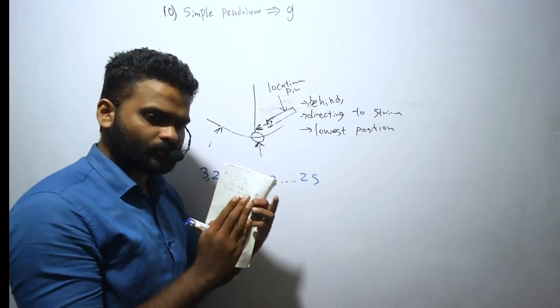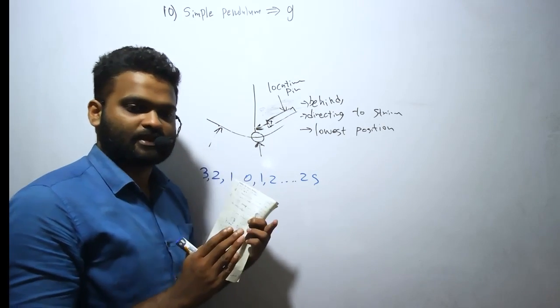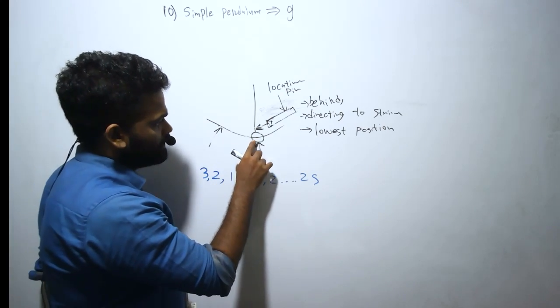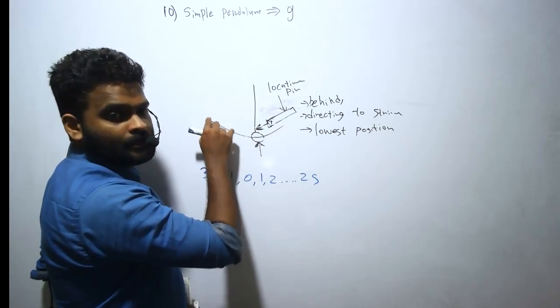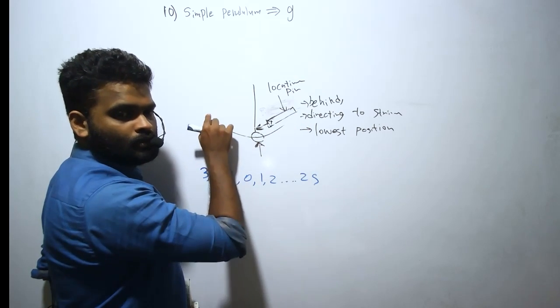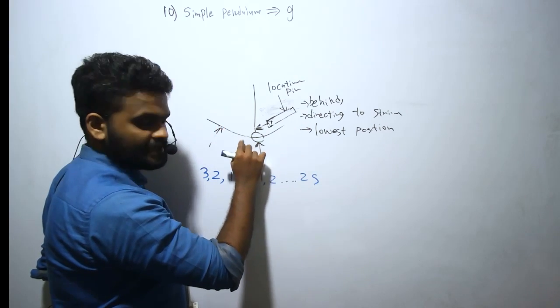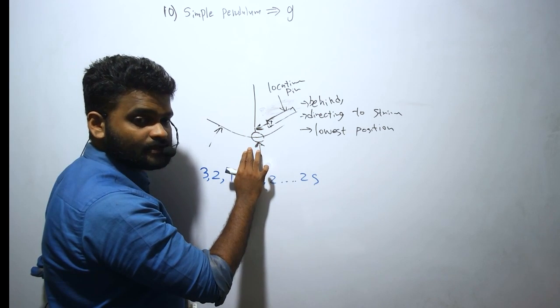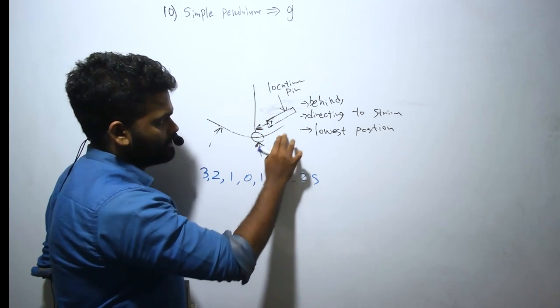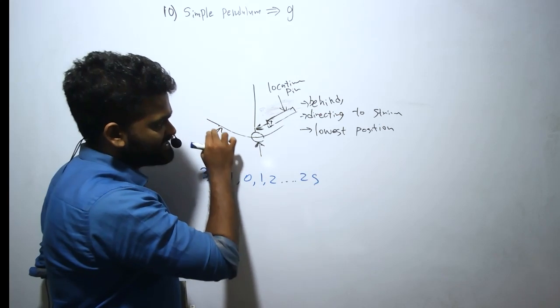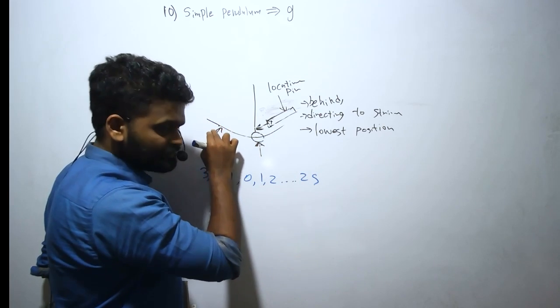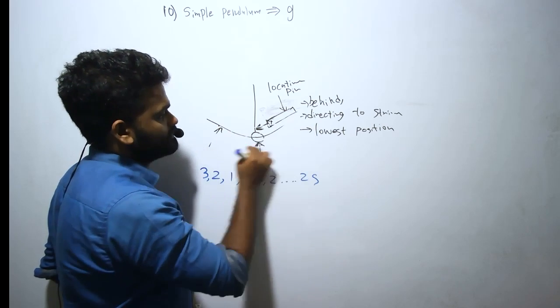So you have to stay focused while you are doing this experiment. So how do you say 3, 2, 1, right? As it passes, still you did not start the stop clock. What do you do? You say 0, then you say 1.